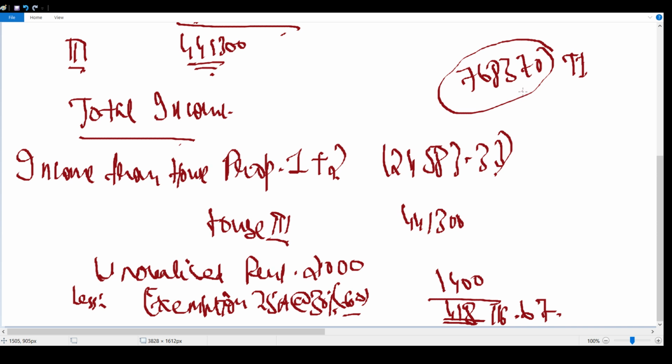Then our total income would be, after rounding off, 7,68,370, and the rest you can calculate: income tax at normal rates on 4,18,370 at slab rate, that would be approximately 8,418.50, and on 350 LTCG under section.